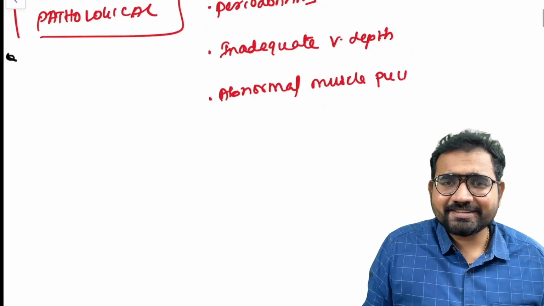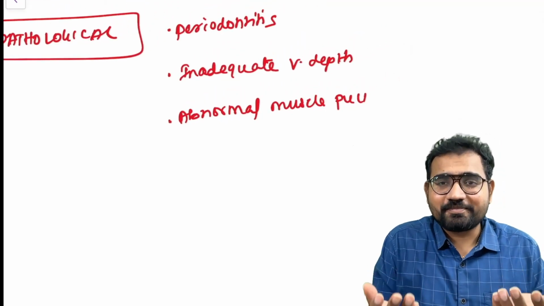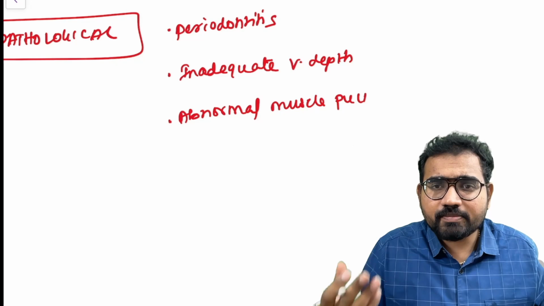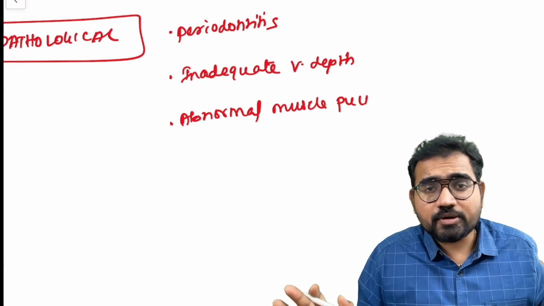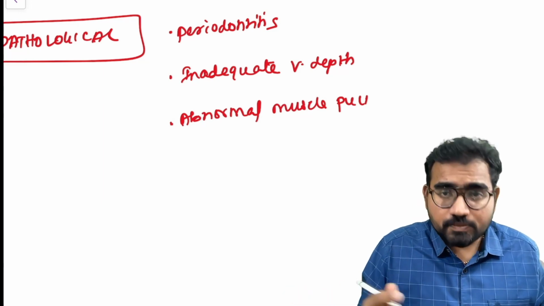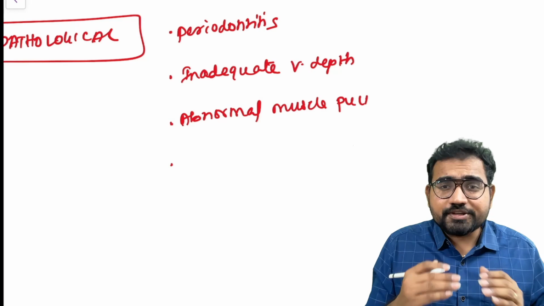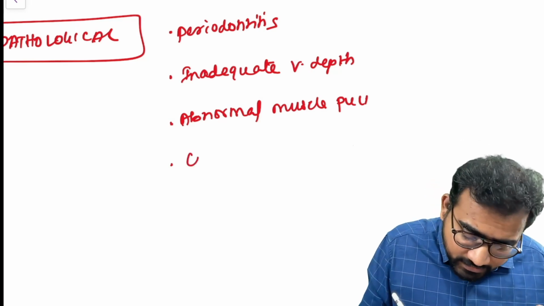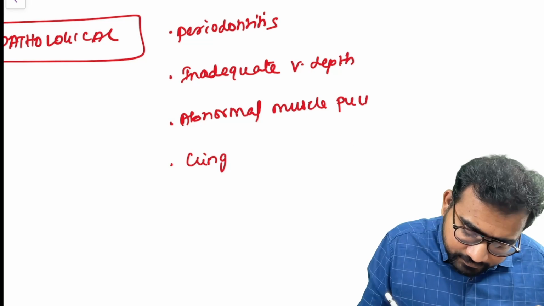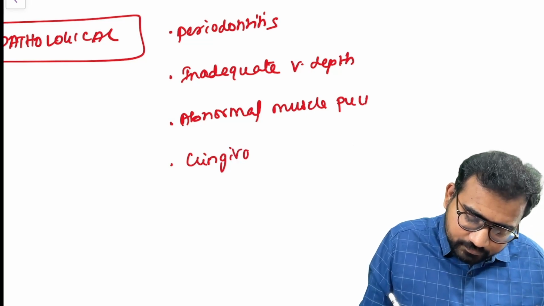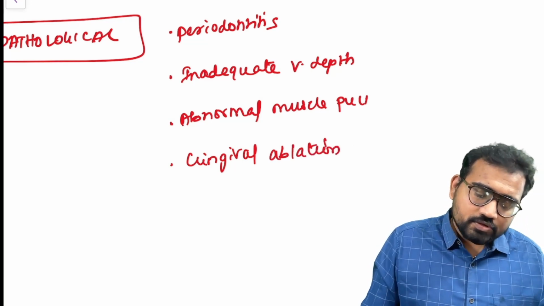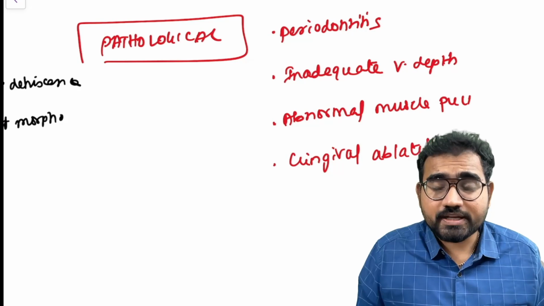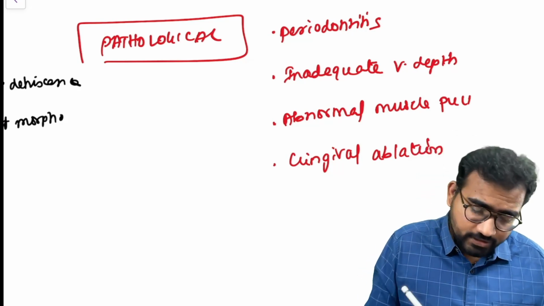What do I mean by that? Simple: frenal attachment. What is the treatment? Frenectomy. Very good. So periodontitis, inadequate vestibular depth, abnormal muscle pull, or any friction from the soft tissues, that is gingival abrasion. These are the pathological aspects because of which recession takes place.